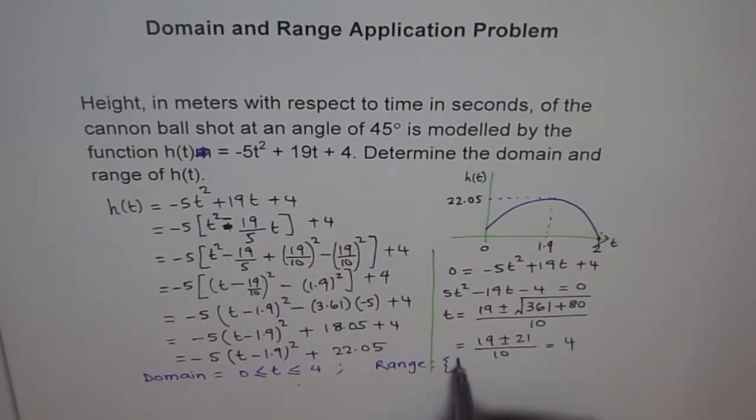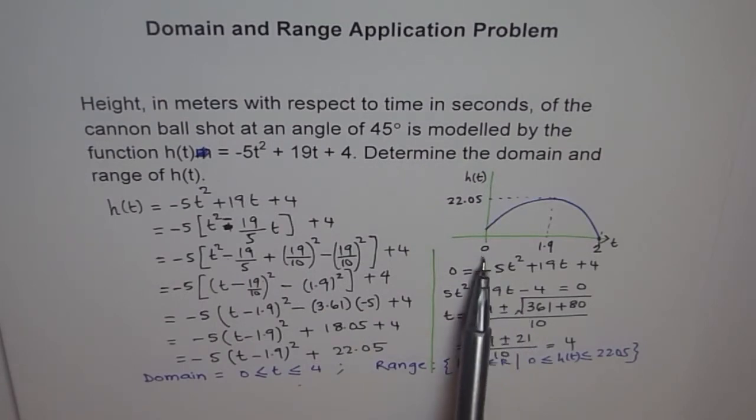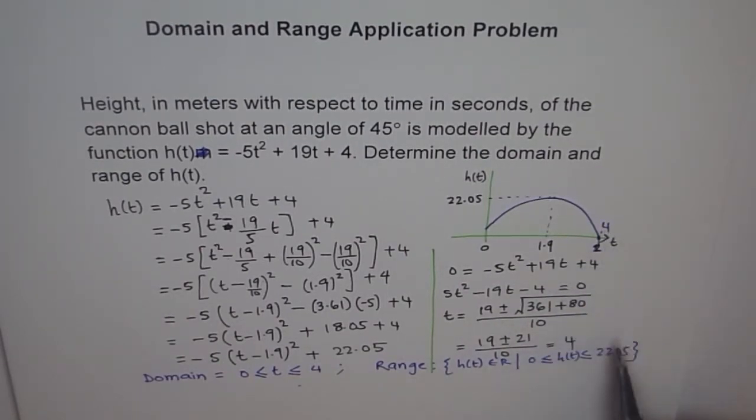For the range, we say h of t belongs to real numbers between 0 and 22.05, correct? I should have written the domain in this form also, but I hope you get what I'm trying to say. So t is all real numbers between 0 and 4, and this was 4, not 2. The domain is 0 to 4, and the range is from 0 to 22.05.